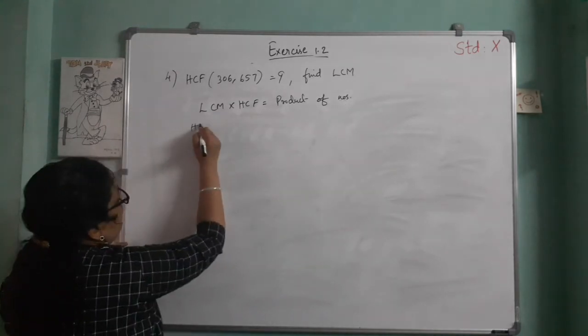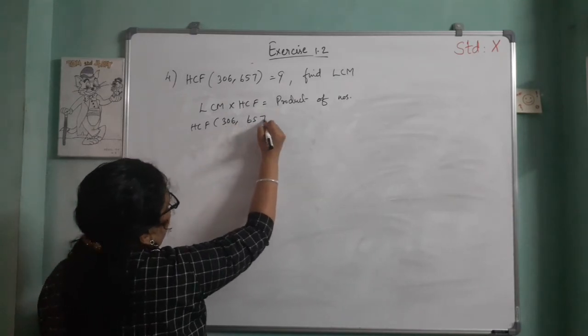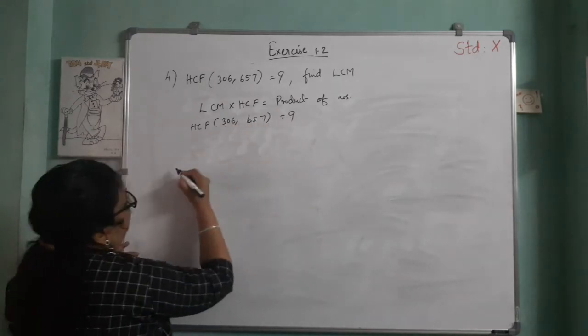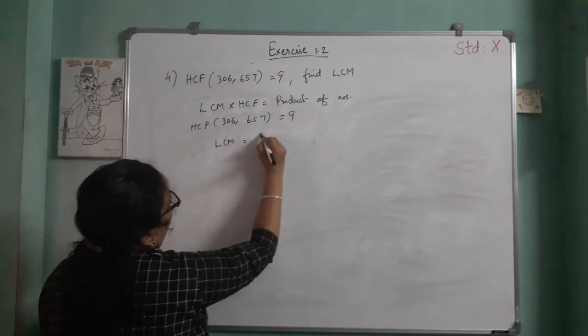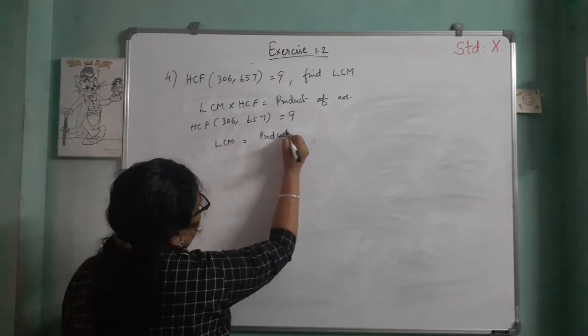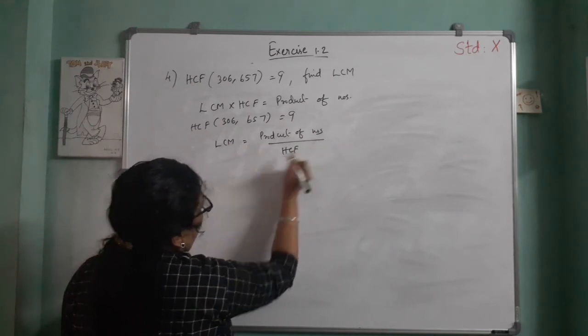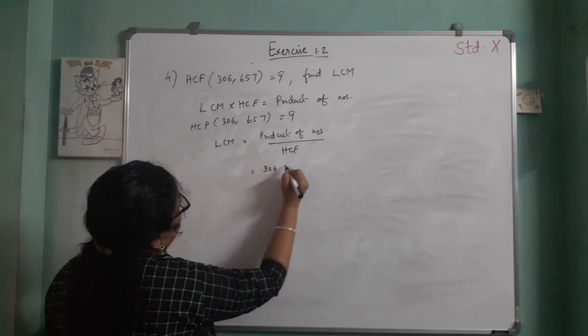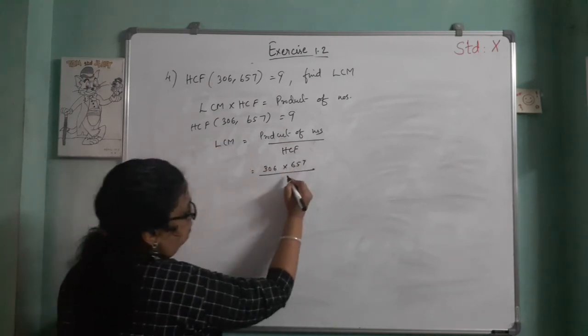Here HCF is given, HCF of 306 and 657 is 9. Then from this equation we can find the LCM, which equals the product of the numbers divided by HCF. Here the numbers are 306 and 657. So their product divided by HCF, which is given as 9.